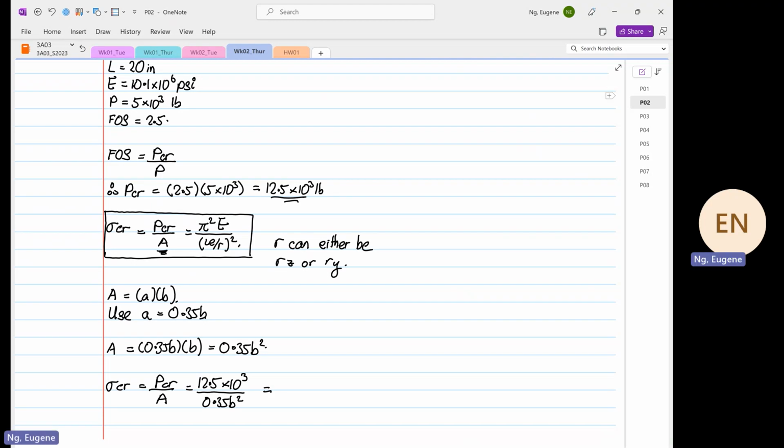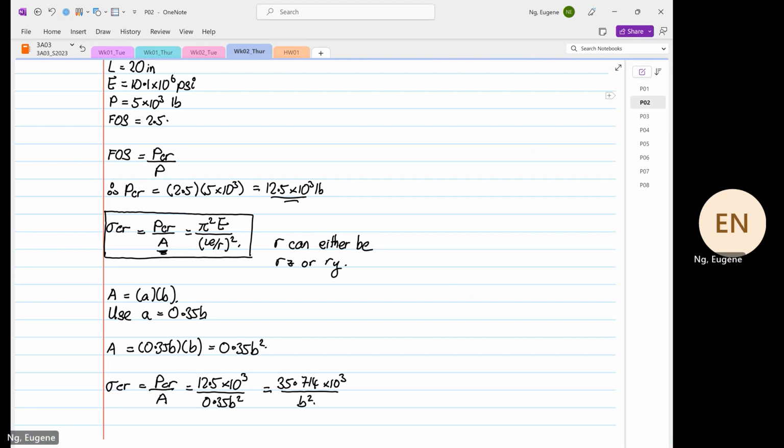So 12.5 times 10 to the power 3 divided by 0.35 is equal to 35.714 times 10 to the power 3 over b squared.